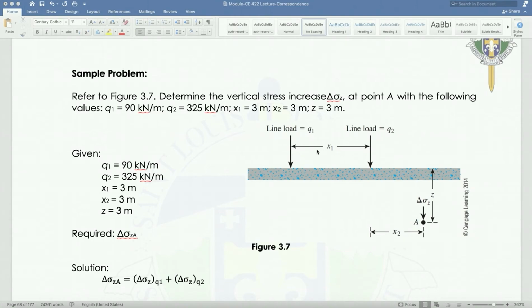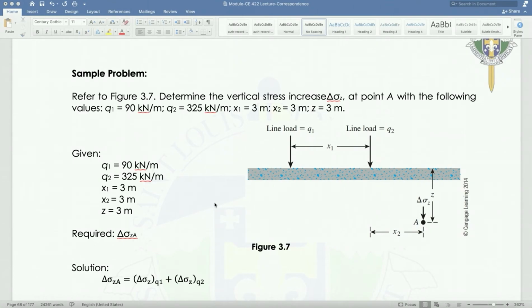X1 here is 3 meters, while X2 here is 3 meters. So the perpendicular distance between Q1 and Q2 is 3 meters, and the perpendicular distance between Q2 and A is equivalent to 3 meters, while the depth is 3 meters from the surface.